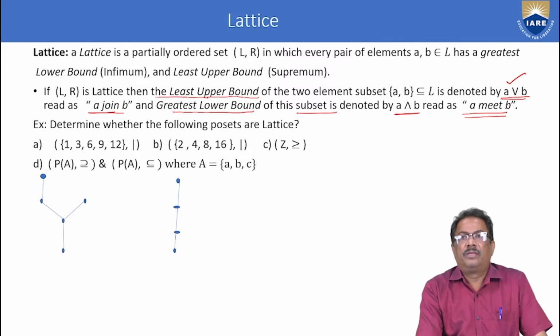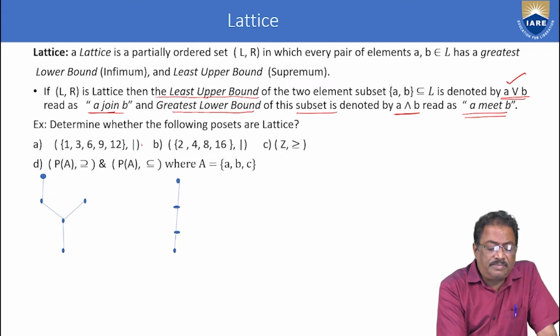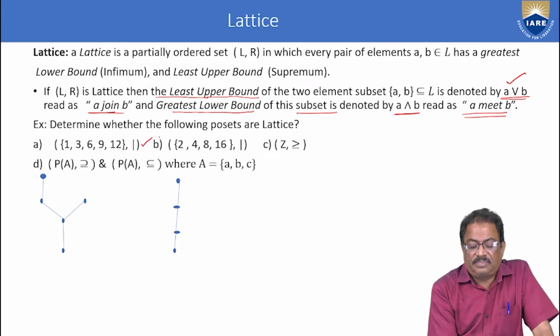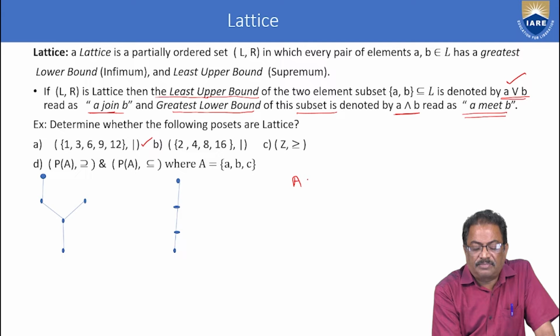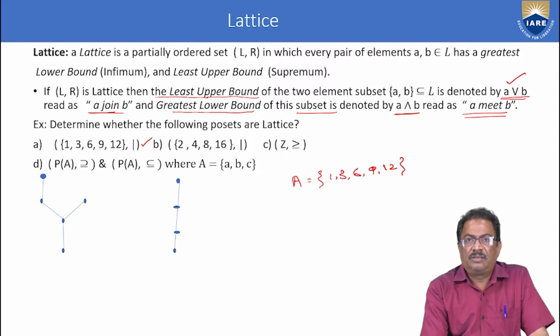Okay, we are going to discuss some partially ordered sets that are given, and verify whether they are lattices or not. Let us consider the first one. The set A is given as 1, 3, 6, 9, 12. The set consists of 5 elements.